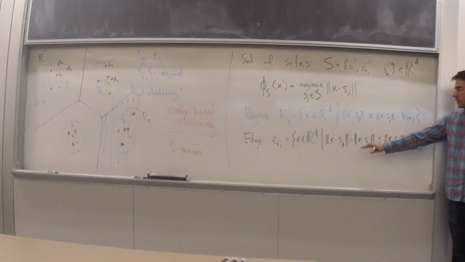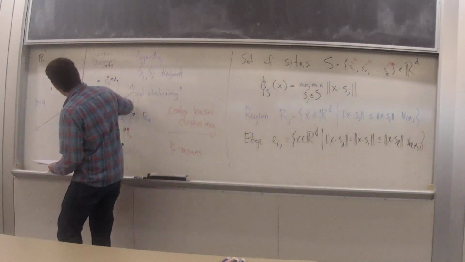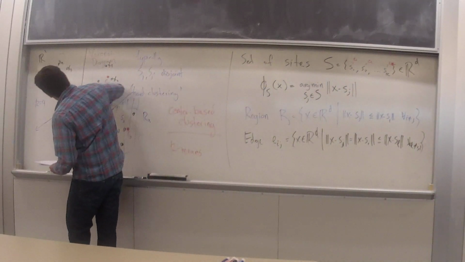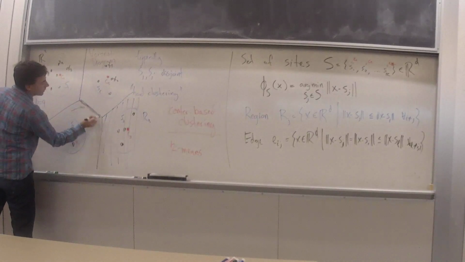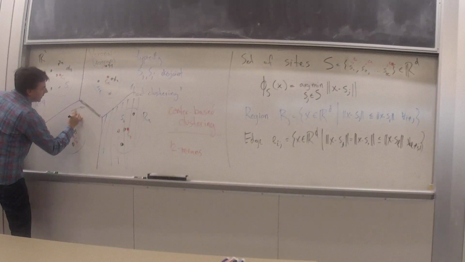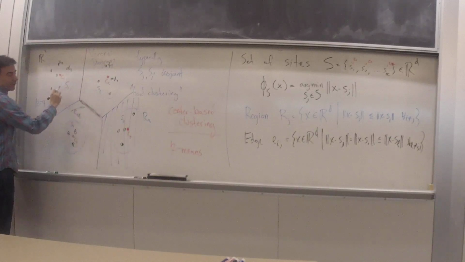So again, this edge is a subset of the plane. If I look at an edge here, this would be e_2,4, right? It's all the points along this edge.